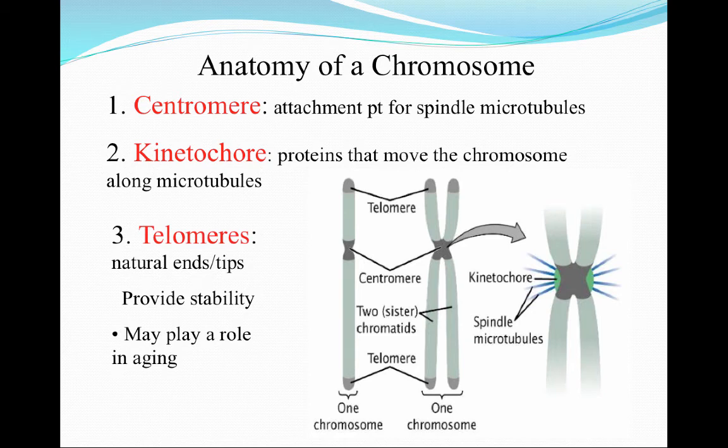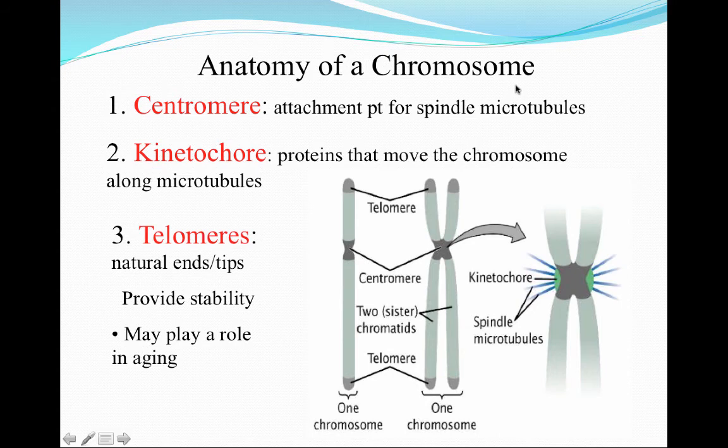The first is a centromere, the center part of the chromosome, like you see here in these dark gray areas, and this is where spindle microtubules attach. Spindle microtubules are associated with the cell and the nucleus specifically, and those microtubules attach to that centromere for the division process.